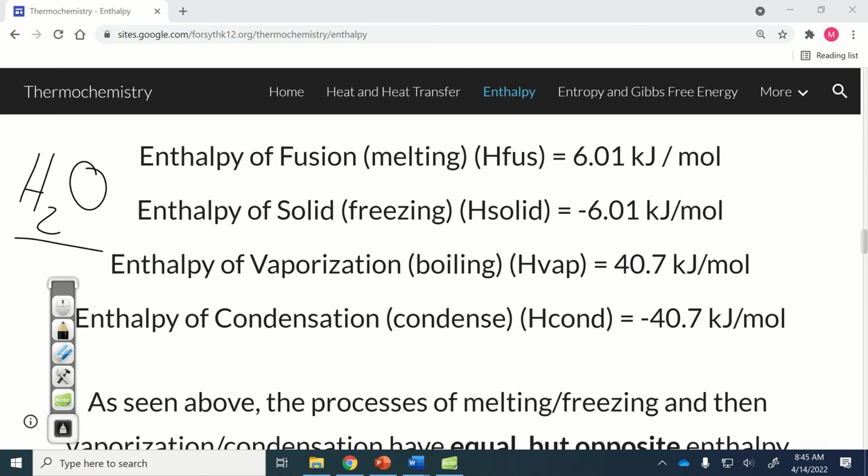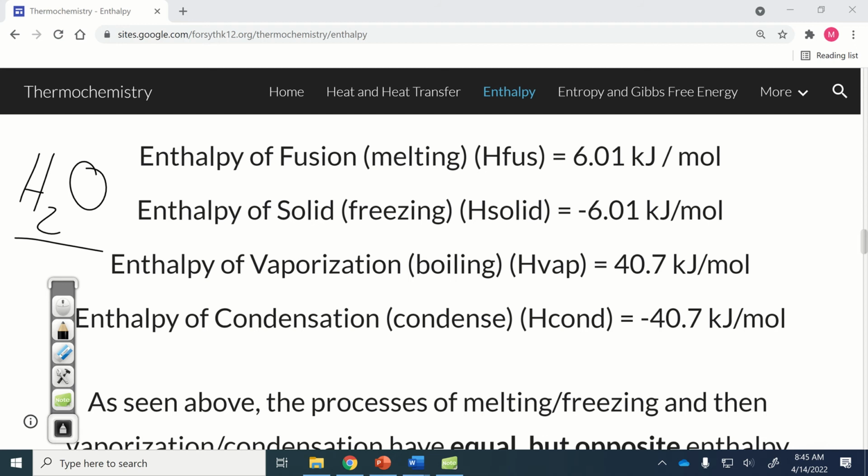Okay, so the enthalpy of fusion for melting the water, for changing it from solid to liquid, is a positive 6.01 kilojoules per mole. That's what it always is to change a mole of water from ice to liquid. To freeze it, it's negative 6.01 kilojoules per mole.